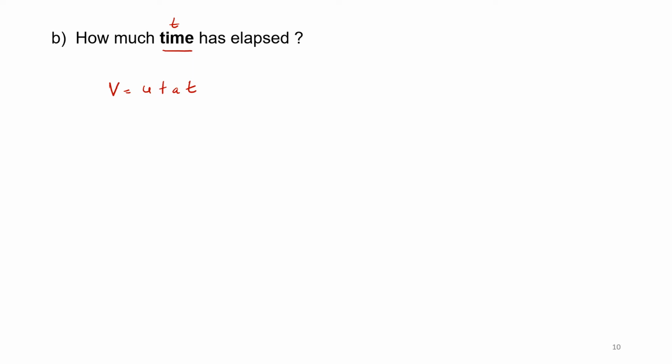Substitute the value V from question number A, 22.62, initial velocity 27.78 plus open bracket negative 6.5 close bracket multiply T, and then we get T equal 0.79 second.